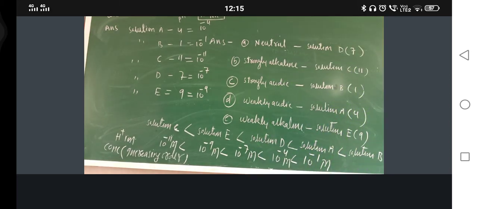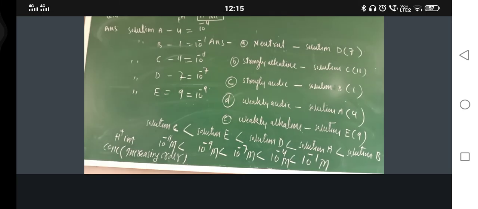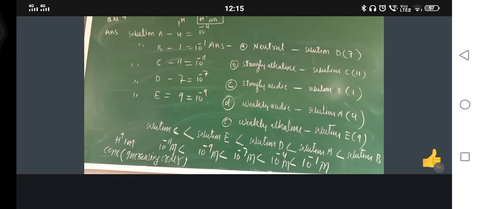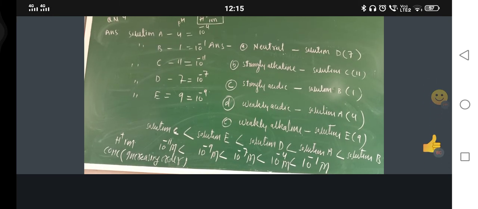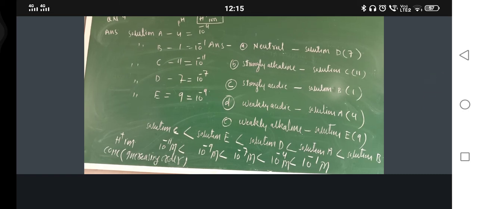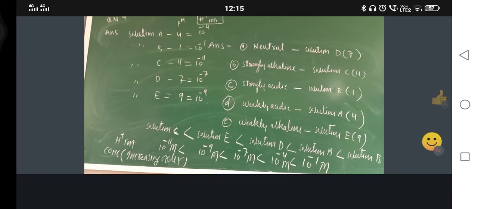Have you got it or not? If you remember this rule: the greater the pH, the stronger the alkaline solution will be. The smaller the pH, the more strongly acidic the solution would be.